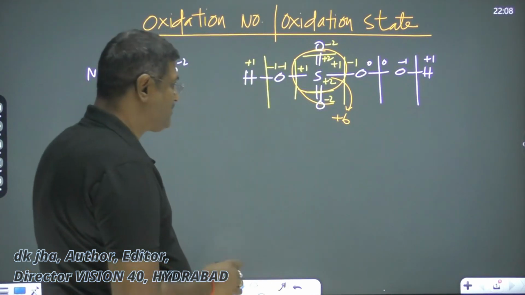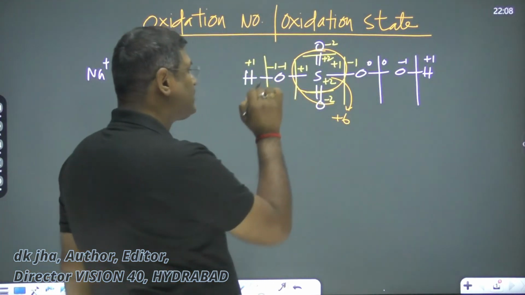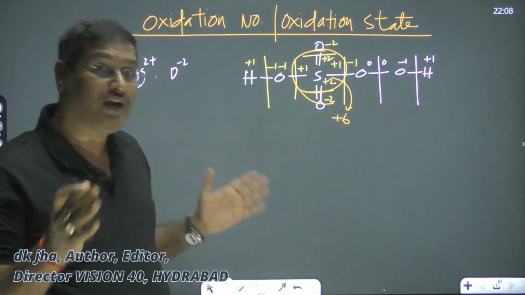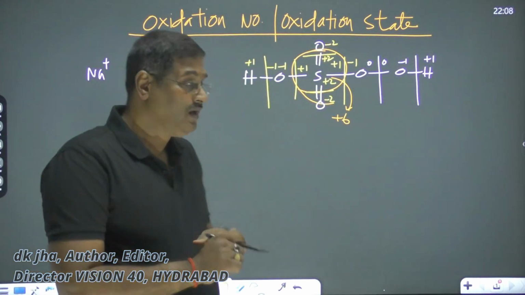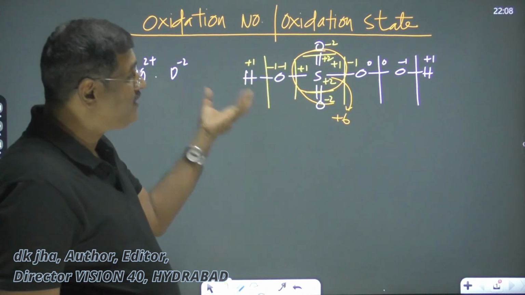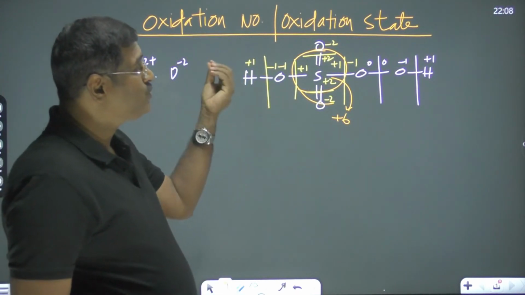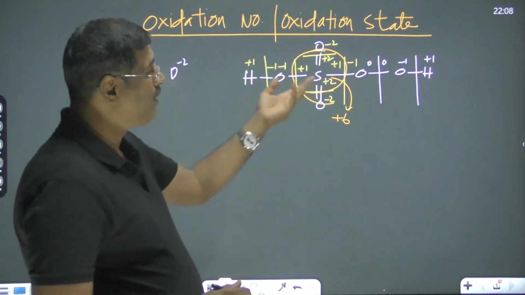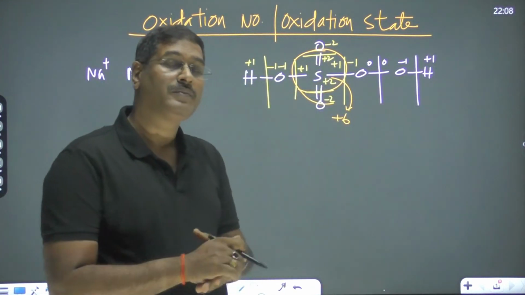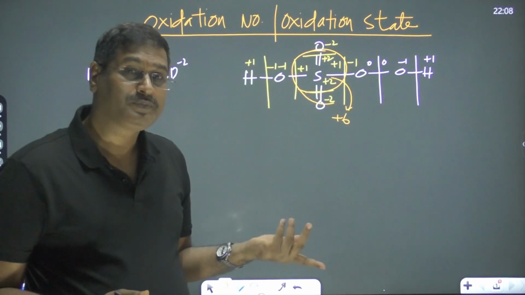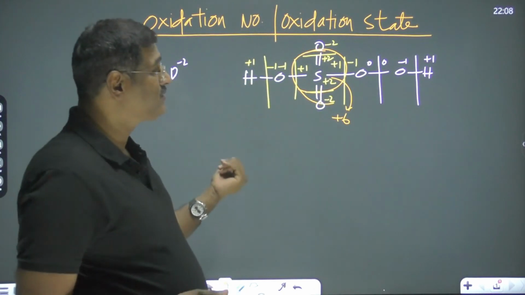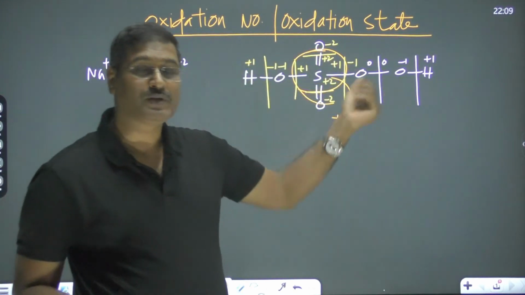The interesting thing is that here the oxygen has two different kinds of oxidation numbers. Some oxygen atoms have minus 2 and some have minus 1. Sulfur is plus 6, hydrogen plus 1, plus 1.